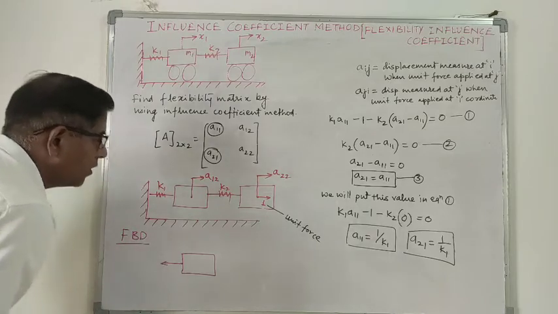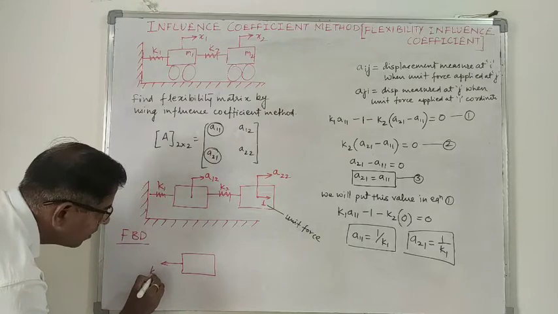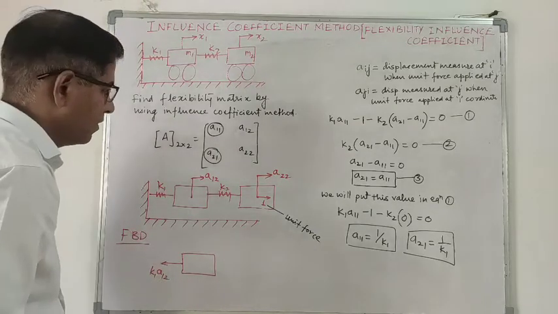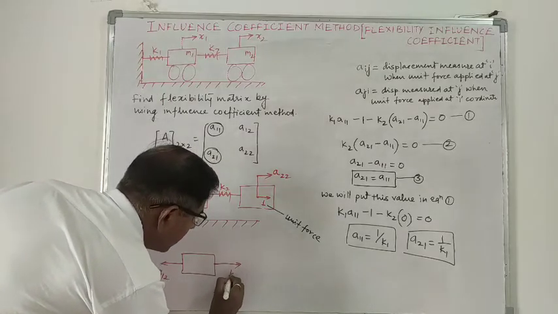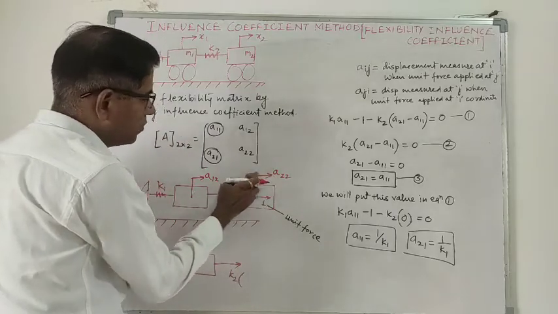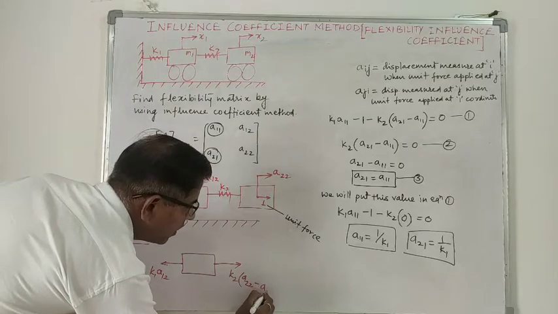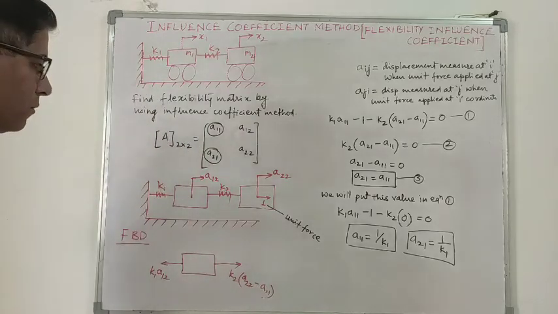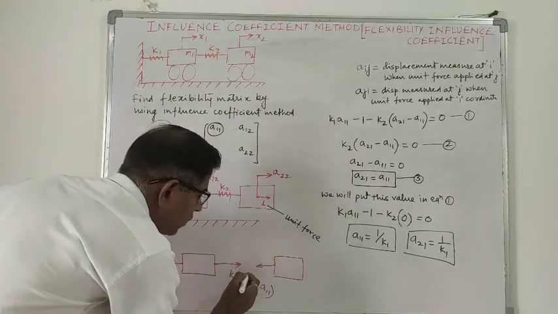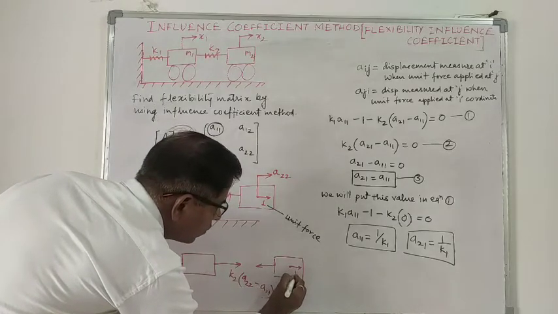So here since we are considering the displacement in this direction, so spring force K1 will be K1 into A12 and this force will be K2 times, here we are considering A22 is more than A12, so this is A22 minus A12, and in the second member the same force will act but in opposite direction, and here there is a unit force 1.